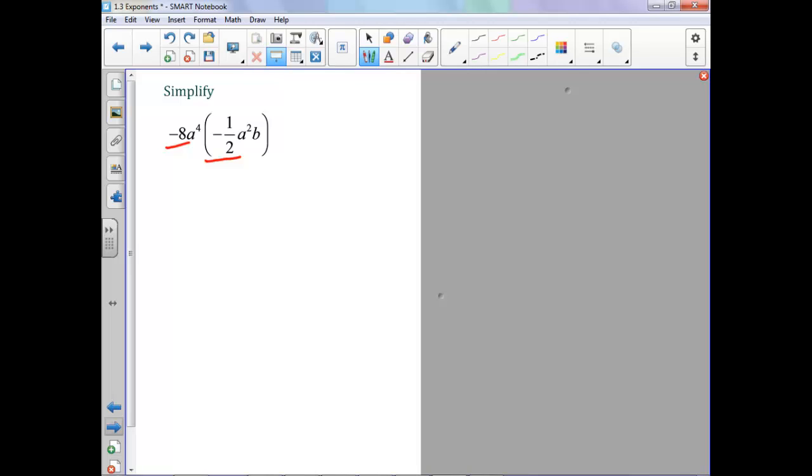So negative 8 times negative a half is positive 4. Half of 8 is 4. Our a's, we're multiplying them, so we want to add our exponents. So we'll have a to the 6th. This b doesn't have anybody to multiply by, so it's just times b.